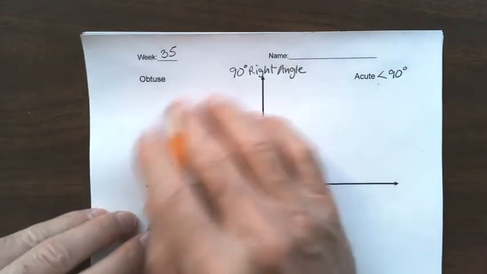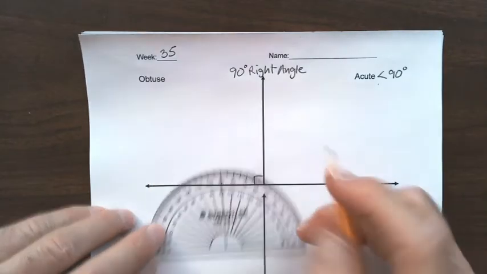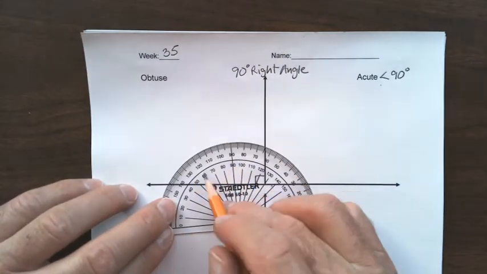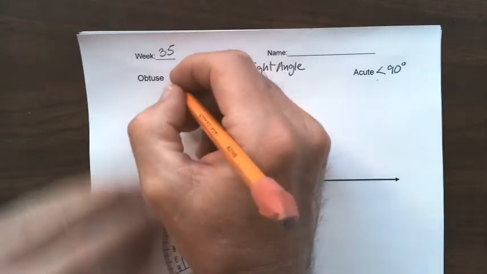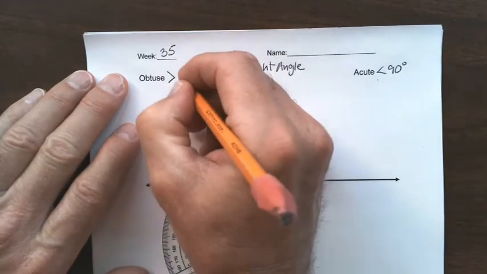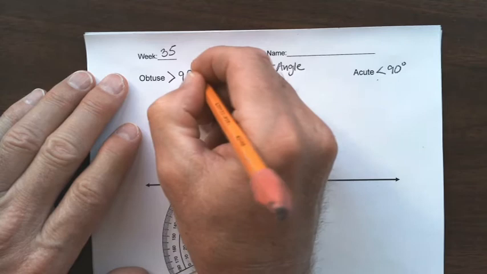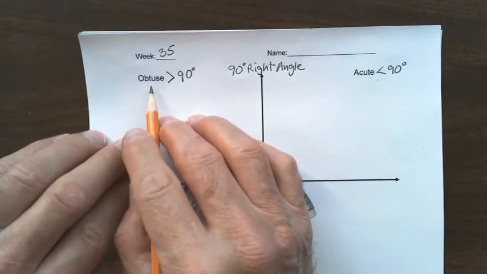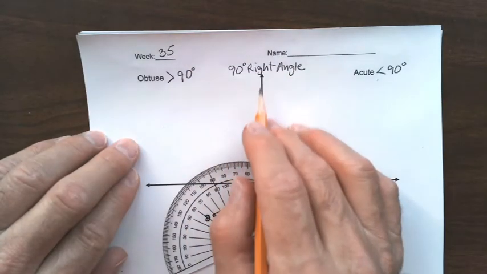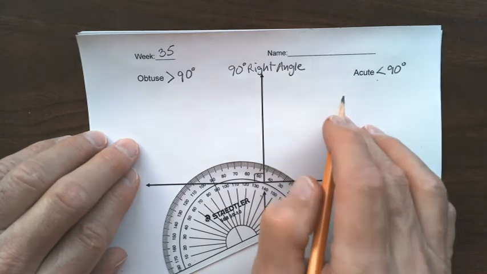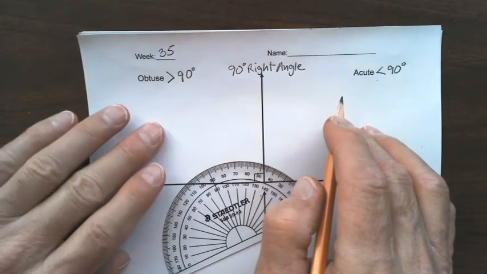And then anything over here in this area is going to be greater than 90 degrees, and we call this greater than 90 degrees an obtuse angle. So we have a right angle right in the middle, we have an acute angle on the right, and we have an obtuse angle on the left.